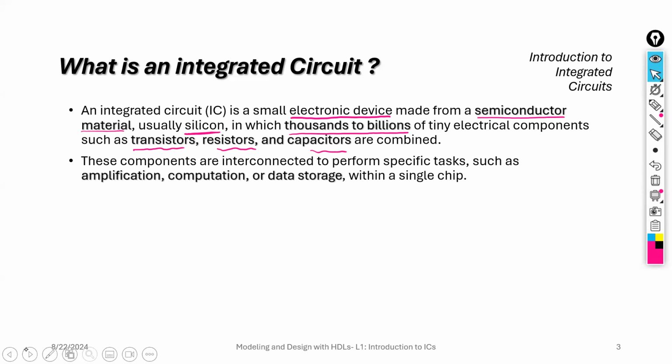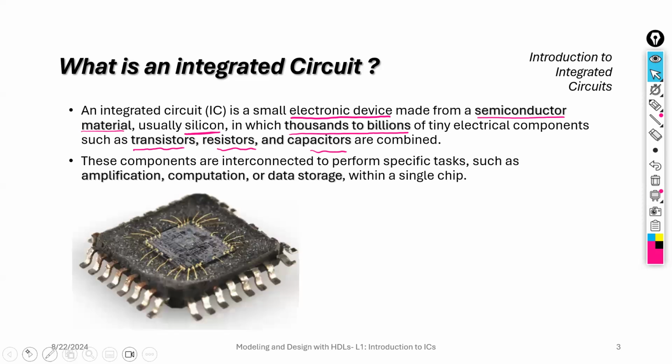For what purpose are we creating these teeny components in a silicon wafer? In order to perform some kind of tasks. What are the tasks that we want to perform? Some kind of amplification, data storage, or maybe computation. This is how the chip looks.